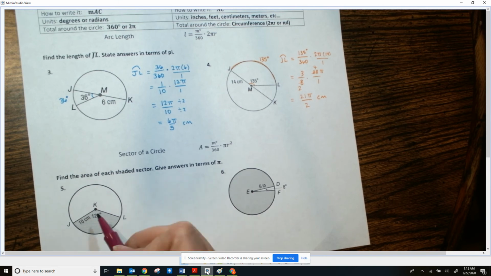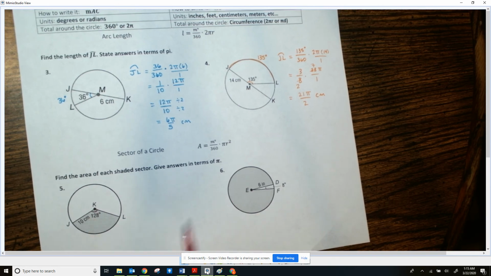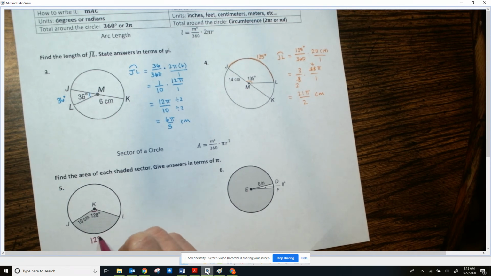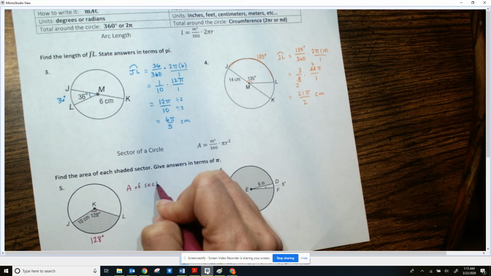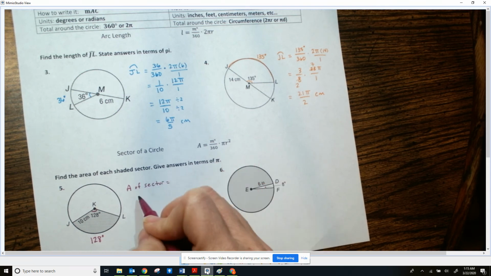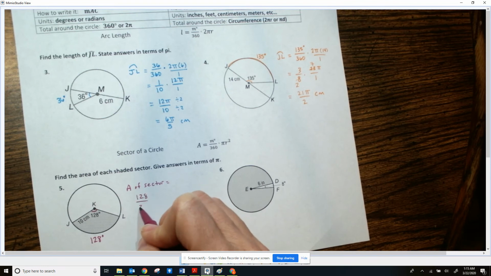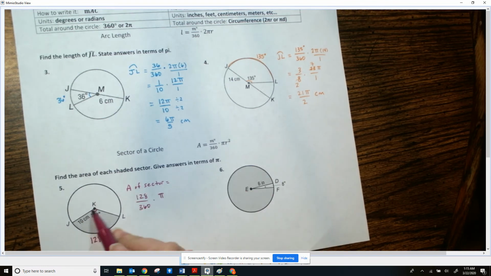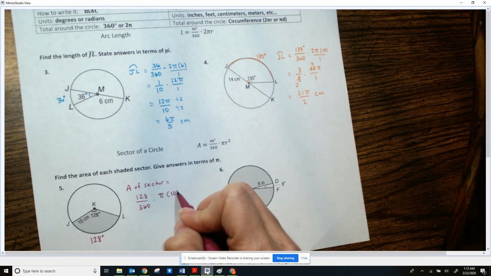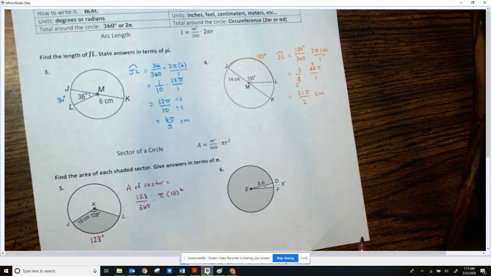If the measure of the arc, again, the central angle is 128, so is the measure of the arc. So we are going to find the area of the sector. Okay, so it's going to be 128 over 360 times pi r squared. The radius here is 10, so that's 10 squared, which of course is 100.